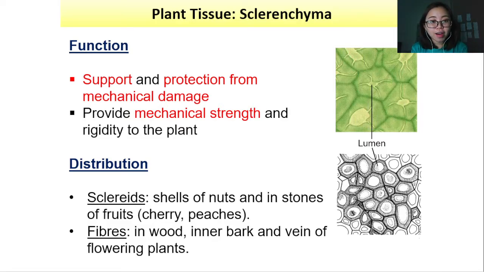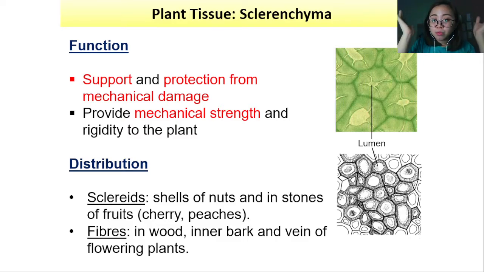Where can you find sclerenchyma tissue? You can find the sclerites version of sclerenchyma in the shells of nuts and in stones of fruits. So, kalau contoh kacang-kacang, okay, kamu boleh tengok lapisan luar kacang itu adalah terdiri daripada sclerenchyma.